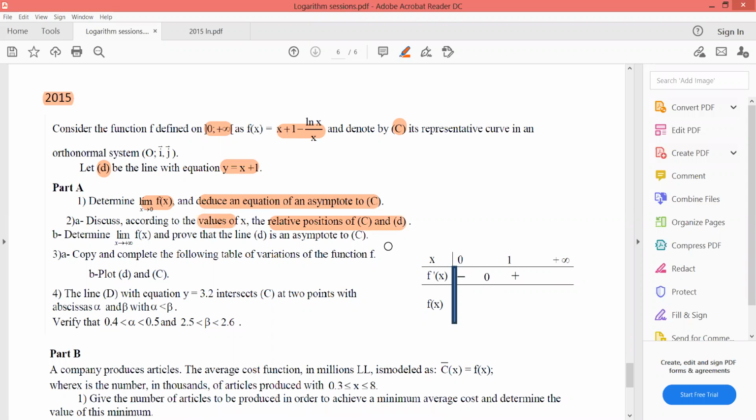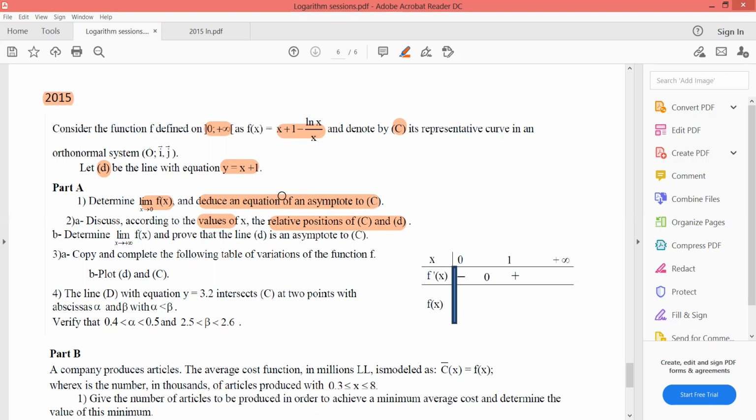How to study the positions between C and D? We find f(x) minus y_D. If you put f(x) minus y_D, it gives minus ln x over x. Okay, what is its sign? Is it positive or negative, minus ln x over x?